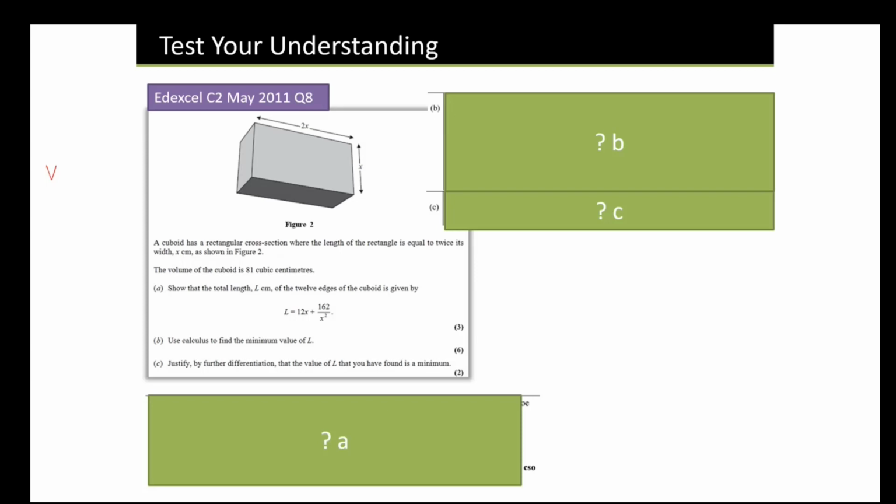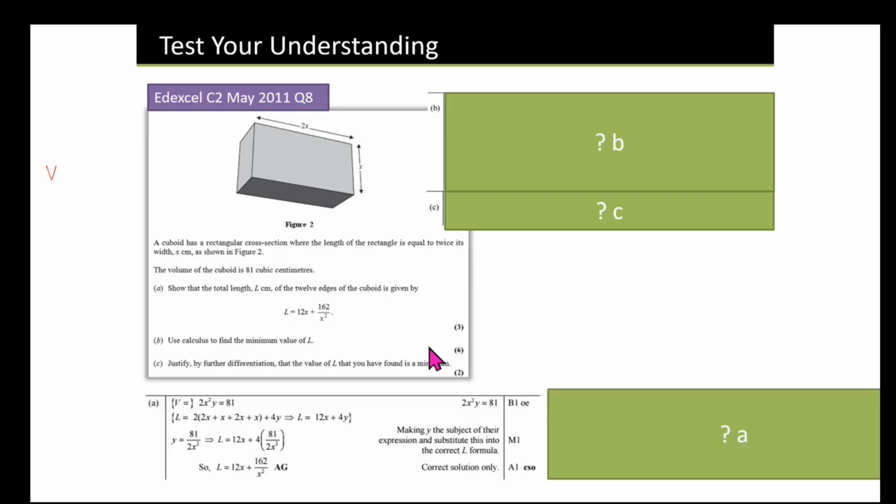Actually, I'm going to show you the mark scheme for speed so you get the idea. Because you might have come unstuck there, we don't know what this is, so we can just call that y.